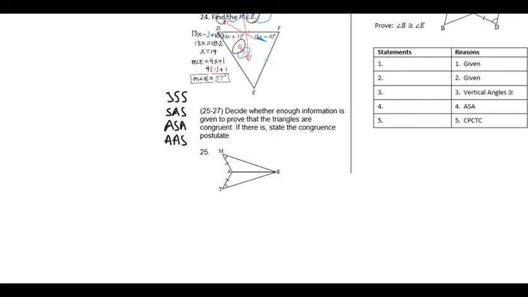And the congruence postulates also include hypotenuse leg. The ones that we do not allow are angle, angle, angle and side, side, angle. These are not allowed.